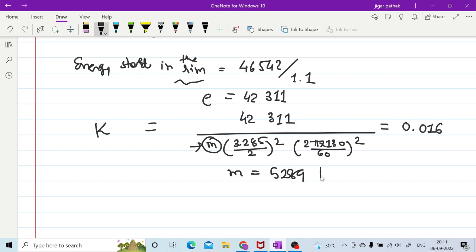It is coming around 5289.89 kg, right? Almost. Okay.